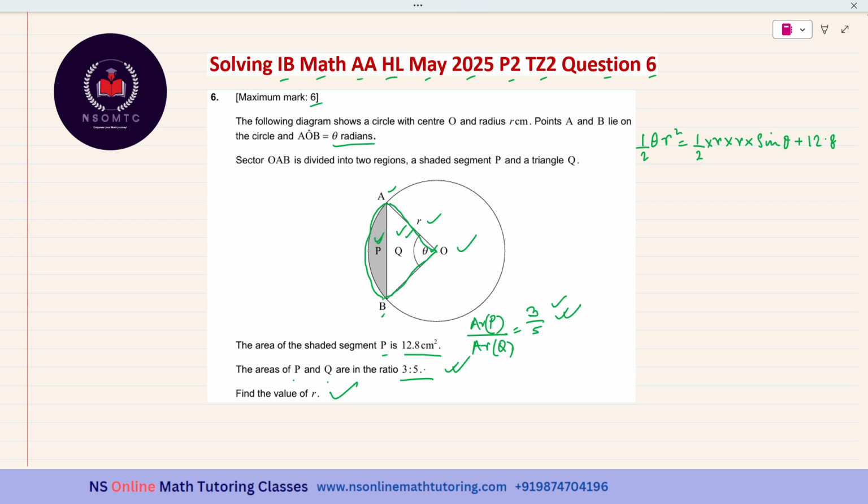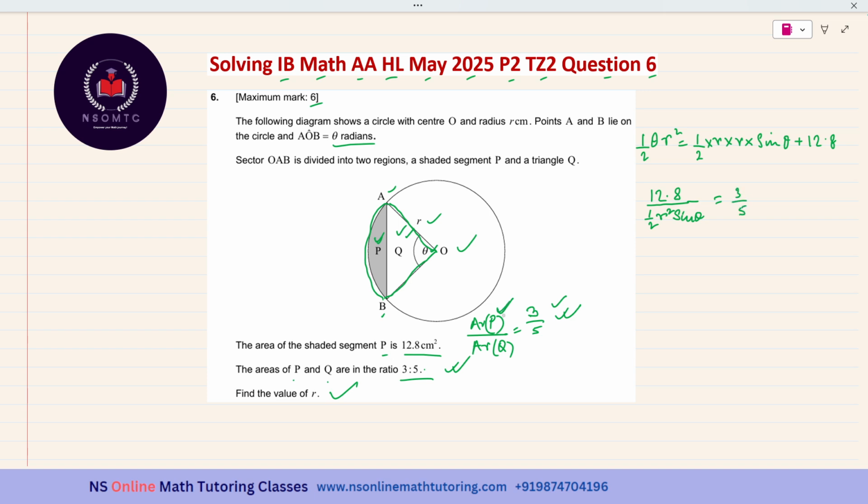So the area of P is 12.8, over the area of Q, which is the triangle, half r times r is r squared, sine theta. This is equal to 3/5.